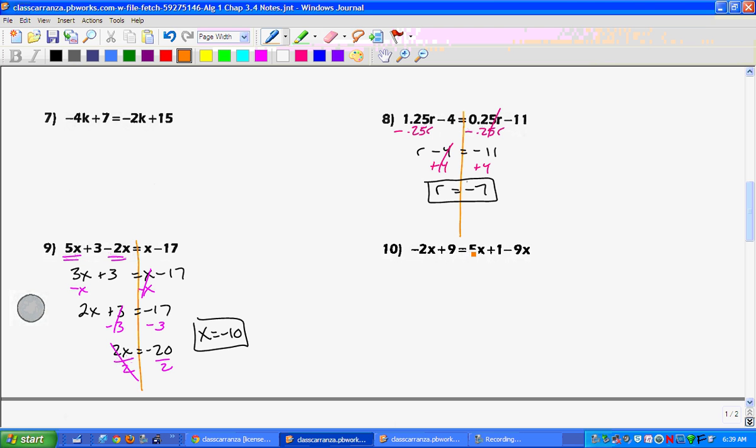Let's do another one like that. All right, let's simplify by combining like terms. The left side stays the same. 5x minus 9x is negative 4x. Let's get the variables to one side.